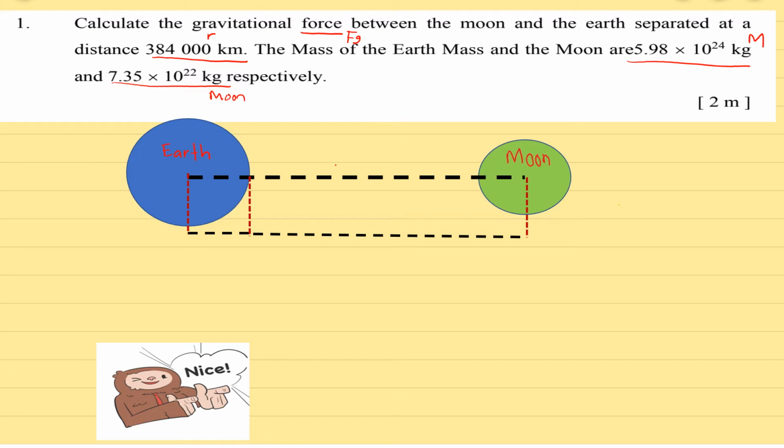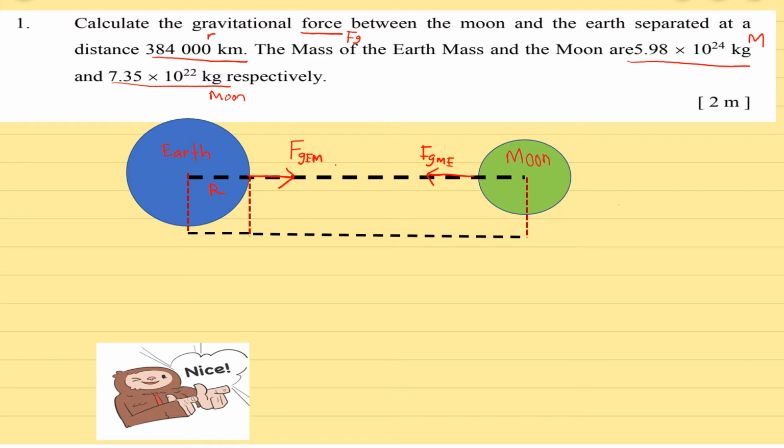So how to calculate the gravitational force? Okay, first of all, moon and earth. So direction for gravitational force on earth, due to the moon, is to the right, and direction of gravitational force on the moon due to the earth is to the left. So from the center of the earth until to the right is radius.